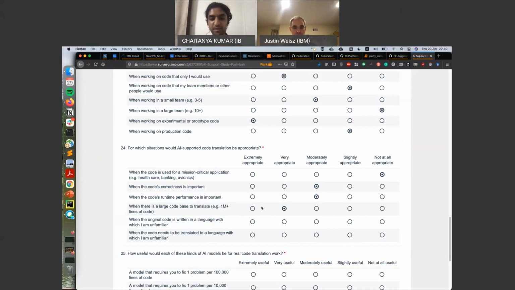That there's a large code base, so it's very appropriate. And when the original code is written in a language with which I am completely unfamiliar, then between these three, it's just very appropriate. I wouldn't say extremely because, again, if we rely too much, then there's more effort spent on cleaning it up, basically.